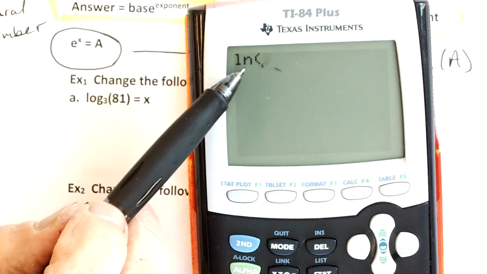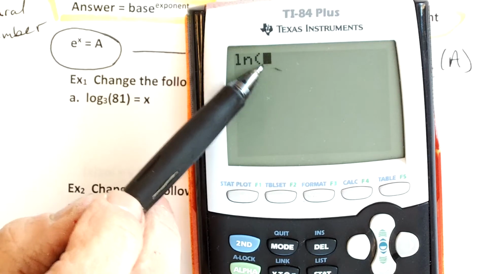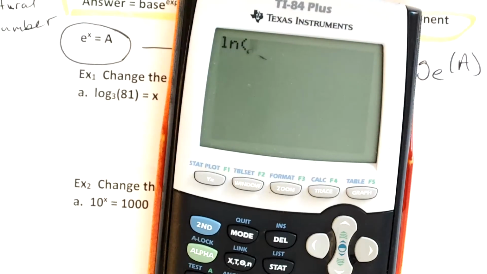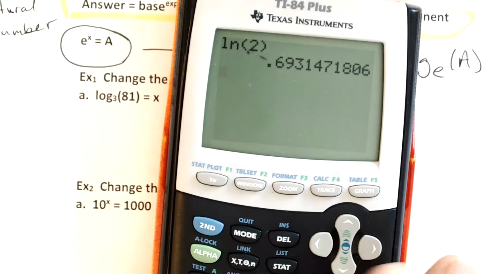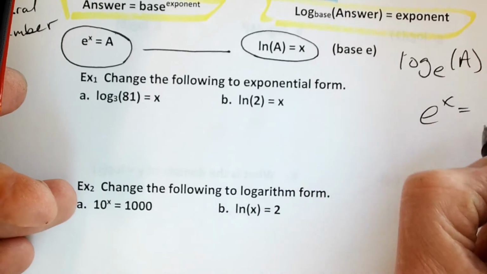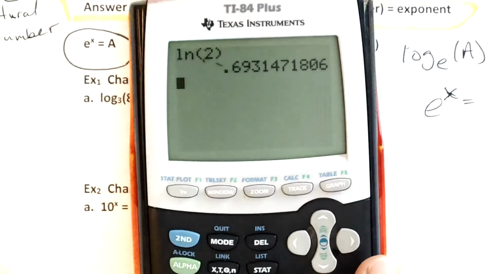So there's two very special bases. One is common log base 10, and there's natural log base E. So I could say, for instance, natural log of 2, okay? So I get an answer. What is this? This is E to some value of x equals 2, and we found out what the value was, okay?